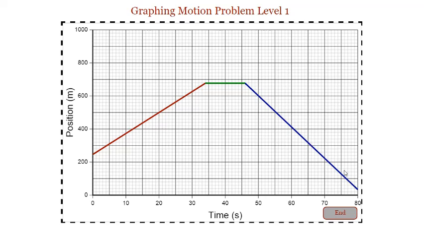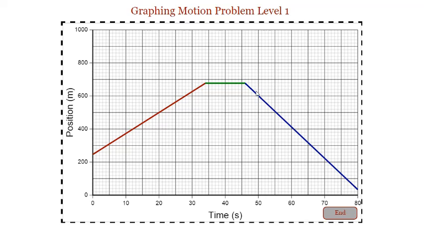Now what do I know in the blue section? I've got a negative constant velocity. Why do I know that? Because I've got a straight line that slopes downward from left to right. It's got a negative slope, and since slope is average velocity, I know I've got a negative velocity. Can we calculate it? Sure. Find my endpoint. I wind up at around position 40 or so.